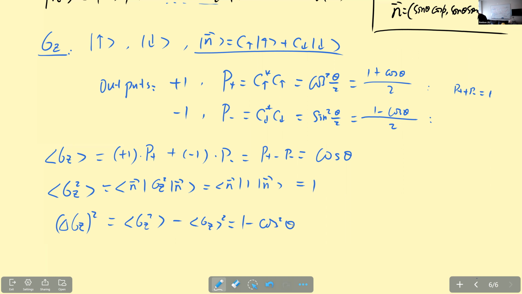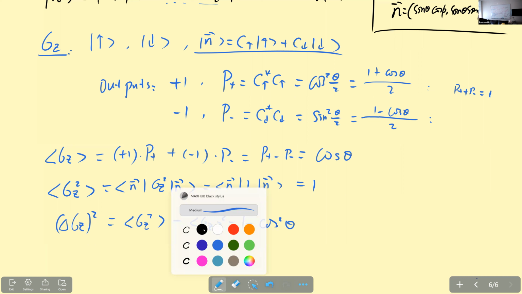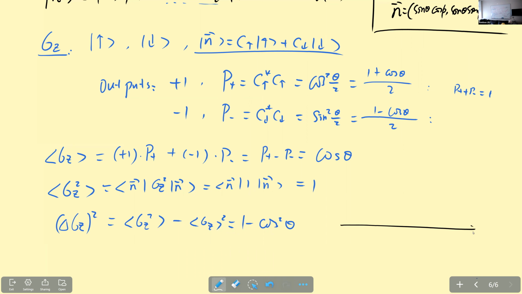If we plot this as a function of theta from 0 to pi, you can see that the variance is 0 if theta is 0, it's also 0 if theta is pi, and in between the variance goes like this. So this is the variance.